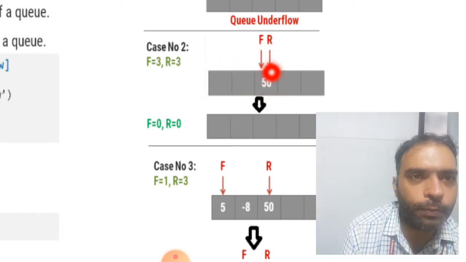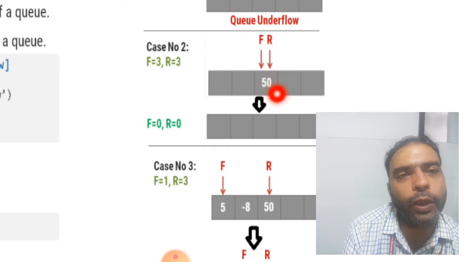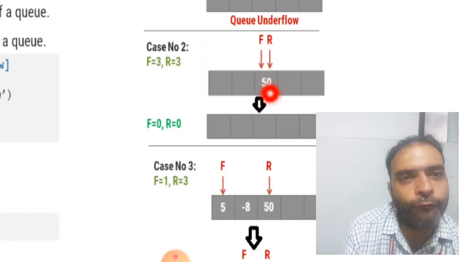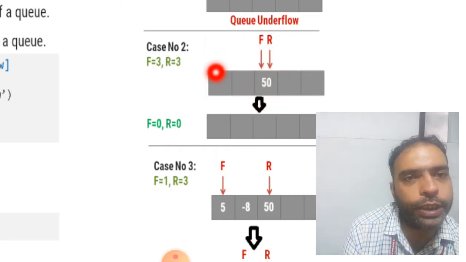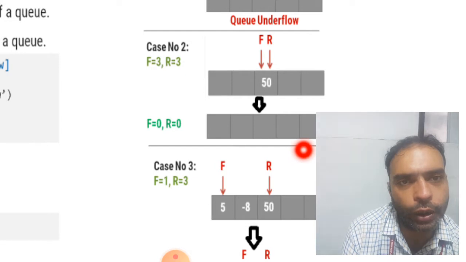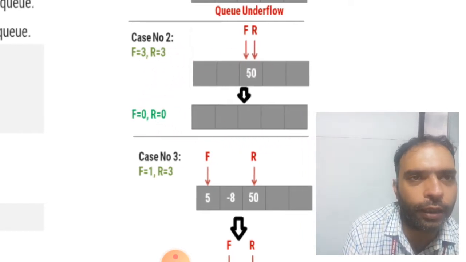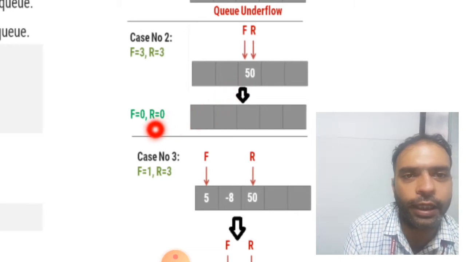Now the deletion is done, with f equal to 3 and r equal to 3. Then that element will be deleted, and finally f will be equal to 0 and r will be equal to 0, as all elements are deleted from this queue. So after deletion of this element, the values of f and r will be 0.